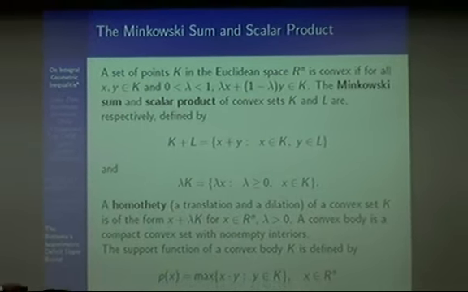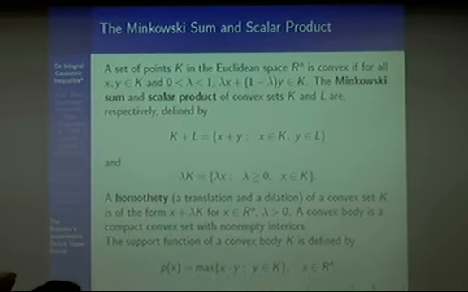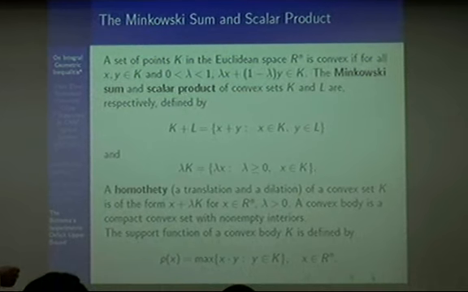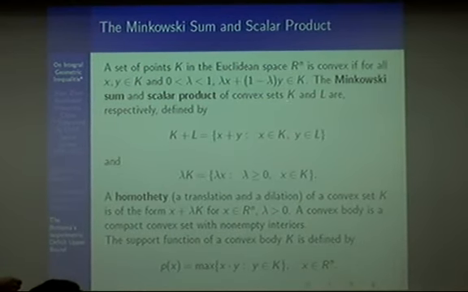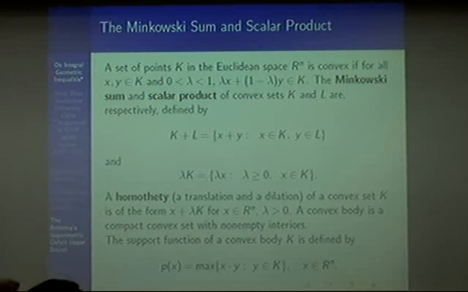Okay, the Minkowski sum and scalar product of convex sets K and L. If K and L are two convex sets, we define K plus L as the set of X plus Y, where X belongs to K and Y belongs to L. This is just the vector sum, you add those two vectors together.